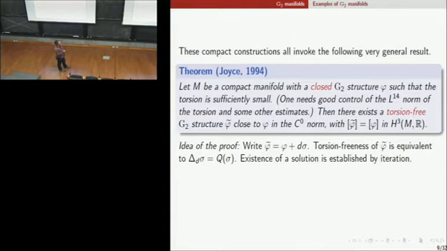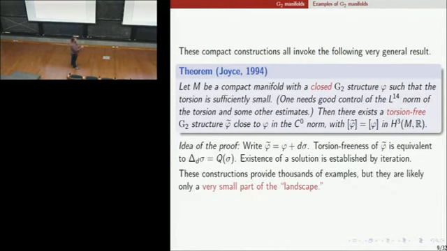So this right-hand side has quadratic terms, but it depends only on sigma and d sigma. And then he shows that you can get an existence of a solution by an iteration procedure. Okay. And with these constructions, now we have tens of thousands of examples, but we're probably still only finding a very small part of the landscape of G2 manifolds.